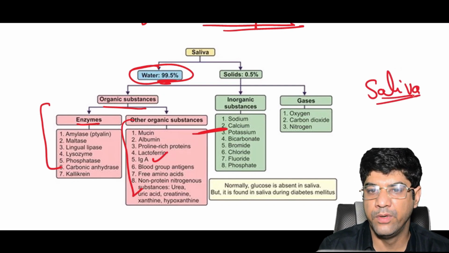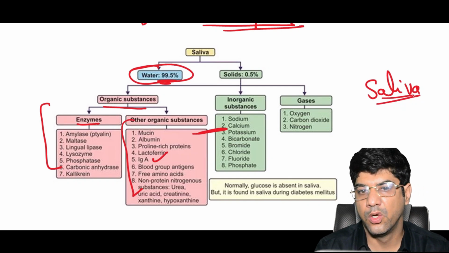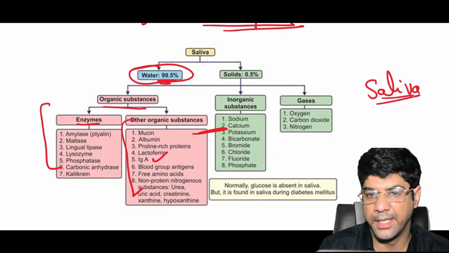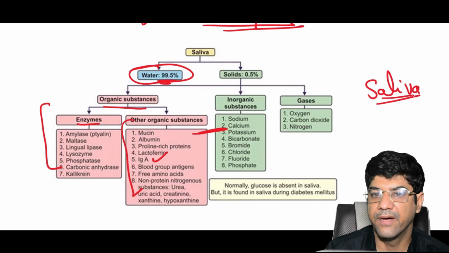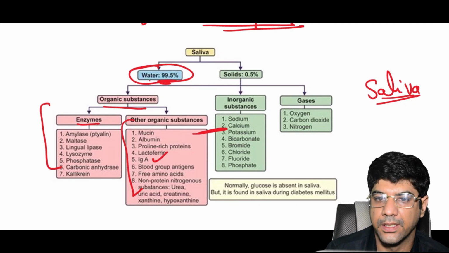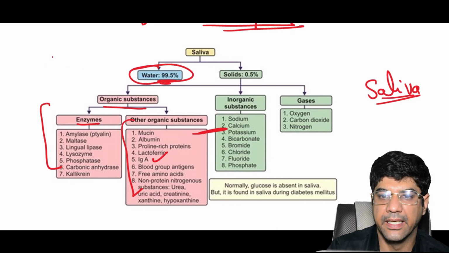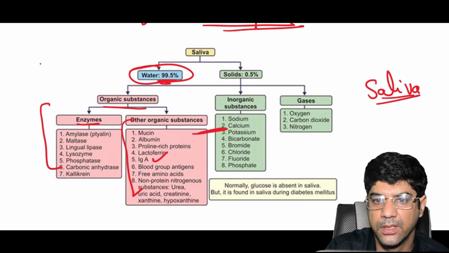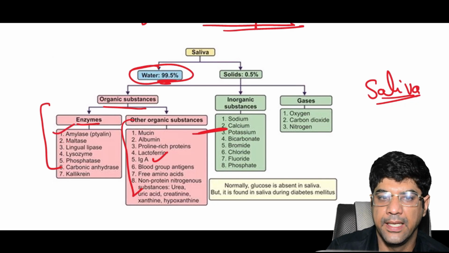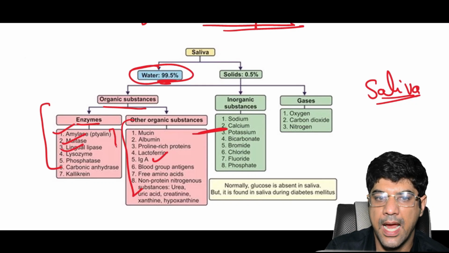The solids include various electrolytes that play a role in digestion and protection. Now saliva has a digestive function and it contains key digestive enzymes. What are those? They are salivary amylase, maltase and lingual lipase.